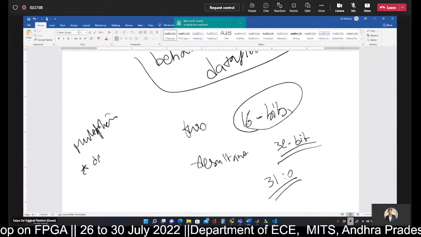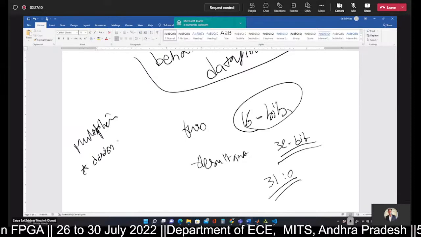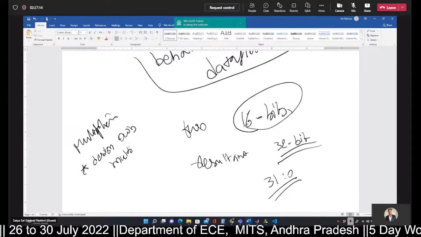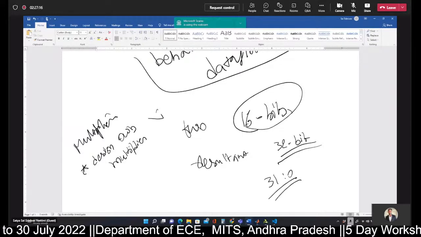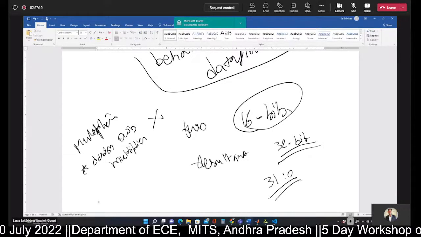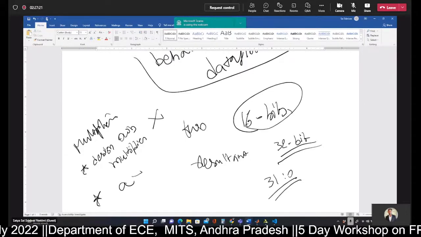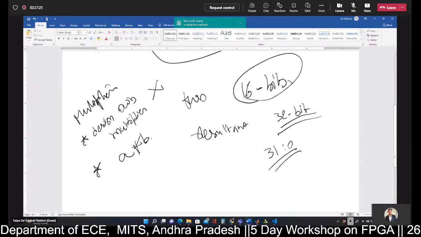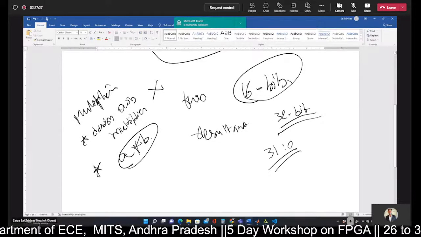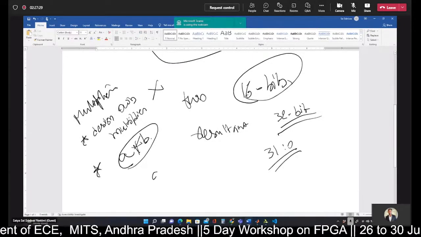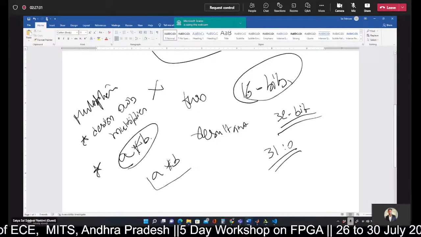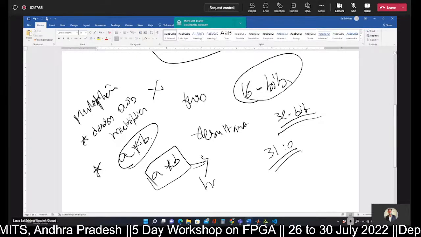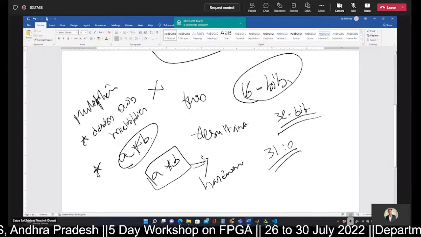You can design your own multiplier, but here I'm not designing my own multiplier. I'm directly multiplying it as a star b. Then how? Because this is not software, this is hardware. Who is doing this multiplication operation? How am I getting dedicated hardware to perform this multiplication?